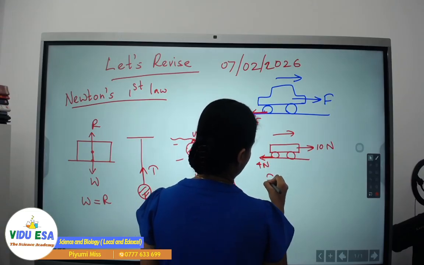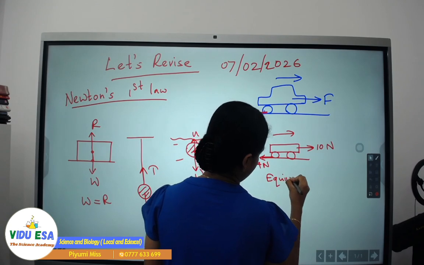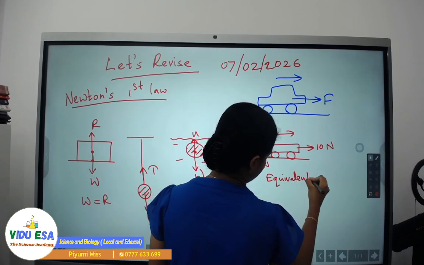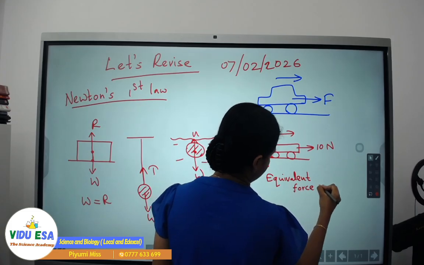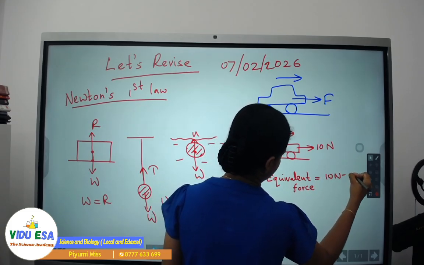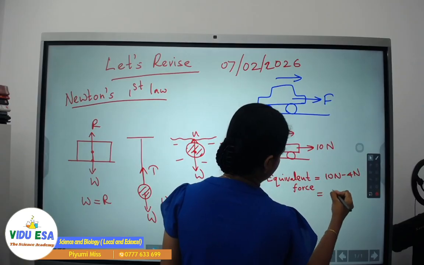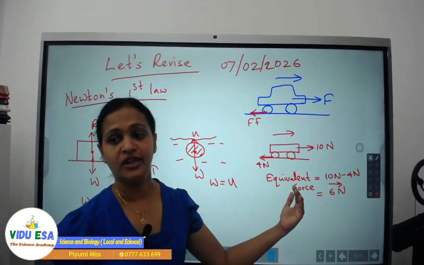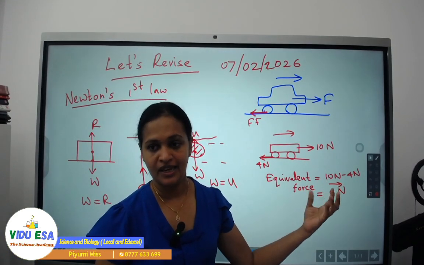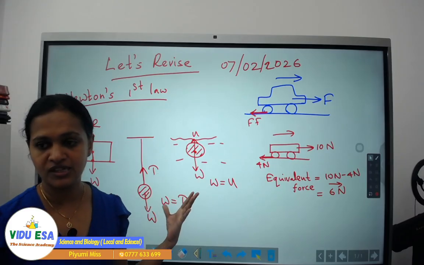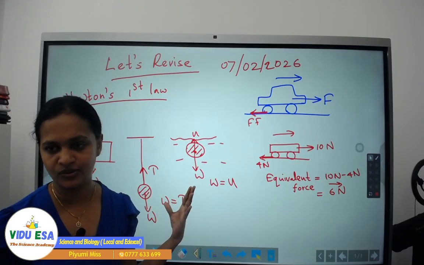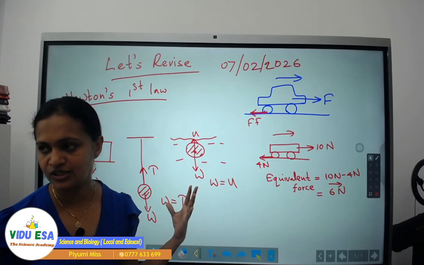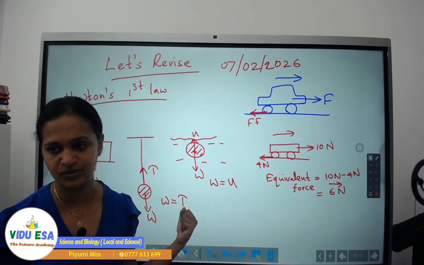The equivalent force is the difference between these two, 10 Newton minus 4 Newton, that is altogether 6 Newton in this direction. If there is no unbalanced force, the equivalent force is 0.